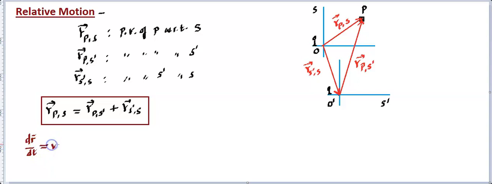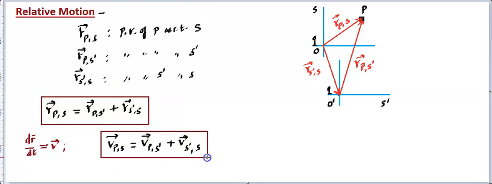Since dr by dt is a velocity, we can differentiate both sides. So this converts into this: velocity of P with respect to S is equal to velocity of the same point P with respect to the new frame plus velocity of this new frame with respect to the old frame. So this is the formula that we started with, or that I listed earlier, that it follows. The only thing is that here P and S prime are coming, where there I wrote A, B and C.